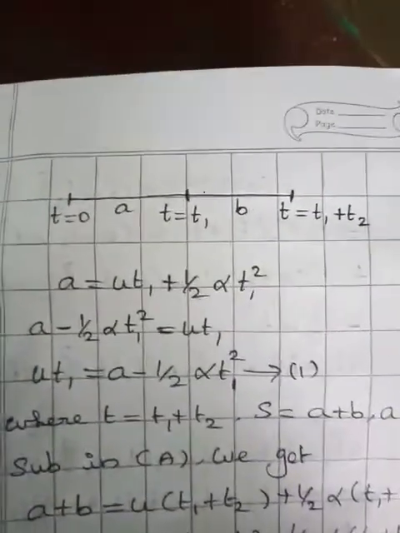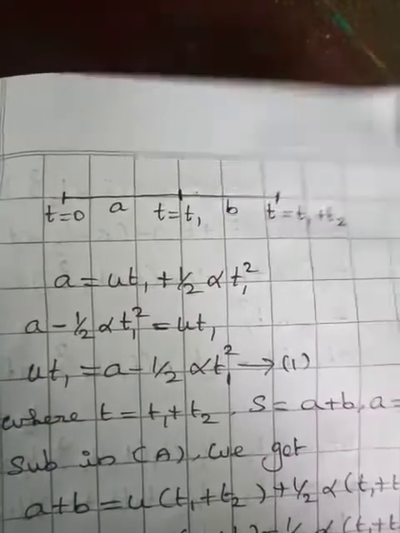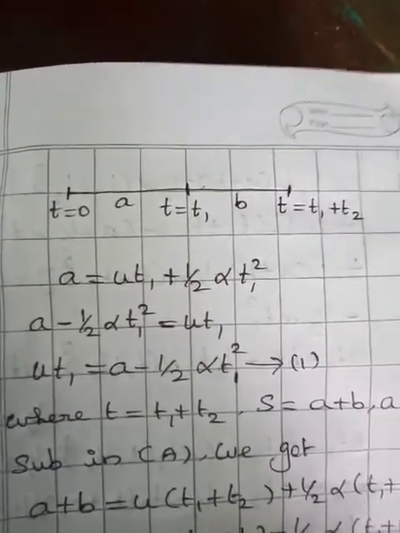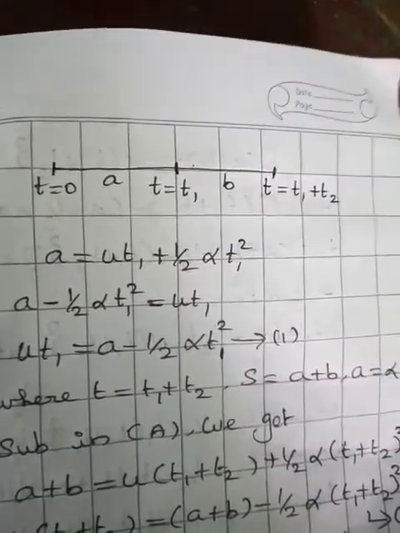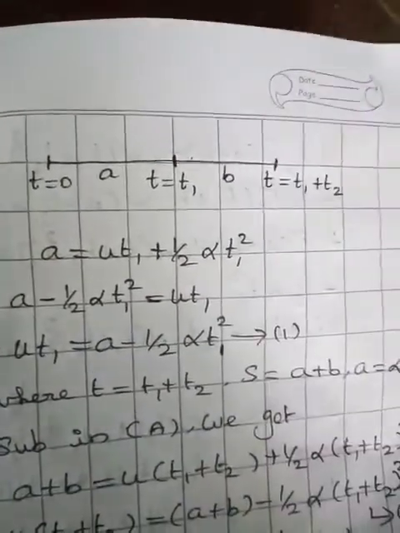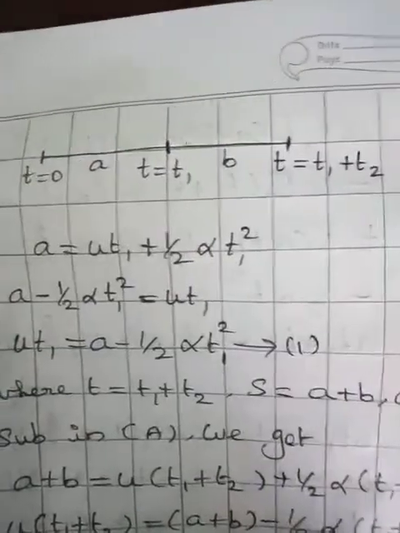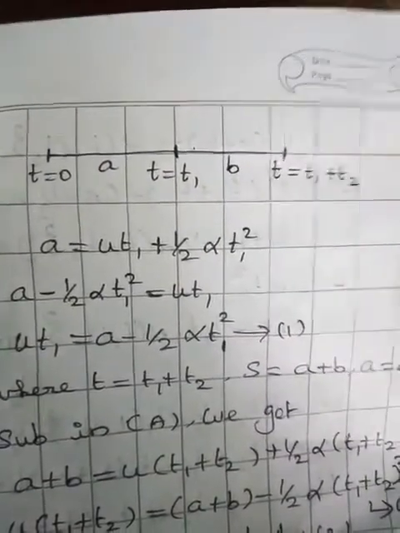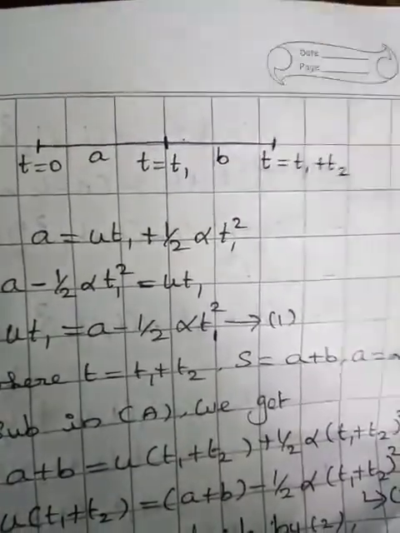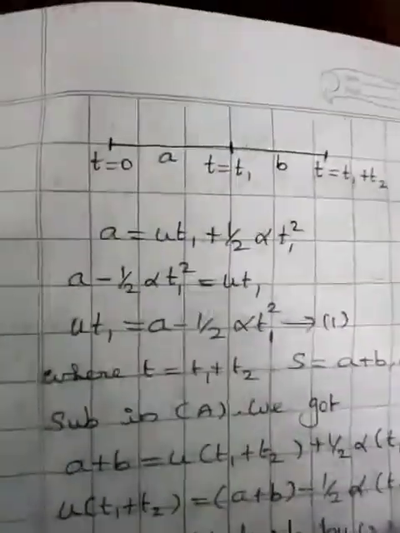This is the diagram. First one t equal to 0, last one t equal to t1 plus t2, middle value t equal to t1. First half distance is a, second half distance is b.